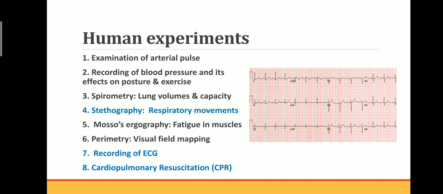Among all these human experiments, stethography, recording of ECG, and cardiopulmonary resuscitation are usually kept for demonstration, and all the rest are supposed to be done by the medical student.